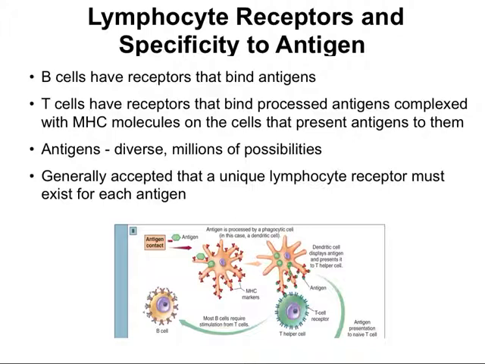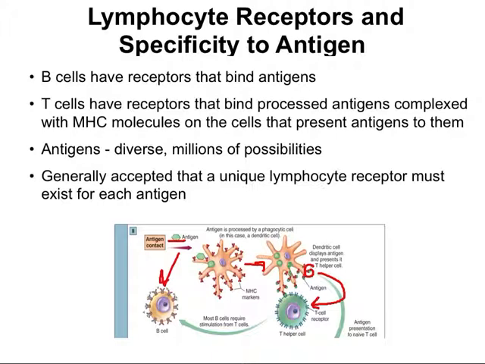Remember that the antigen was reaching B cells just by floating through the lymph node, whereas it was reaching T cells because a dendritic cell picked it up and carried it and presented it to a T cell. So here we've got the dendritic cell now carrying antigen, and it's displaying it to the T helper cell. So that's all we're saying here, is that the T cells are presented antigens, whereas the B cells will bind directly to the antigens.